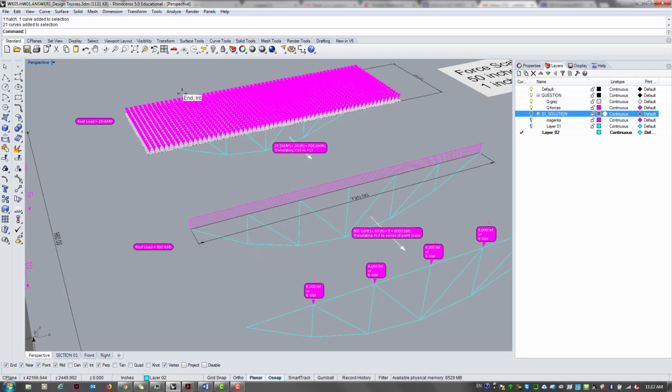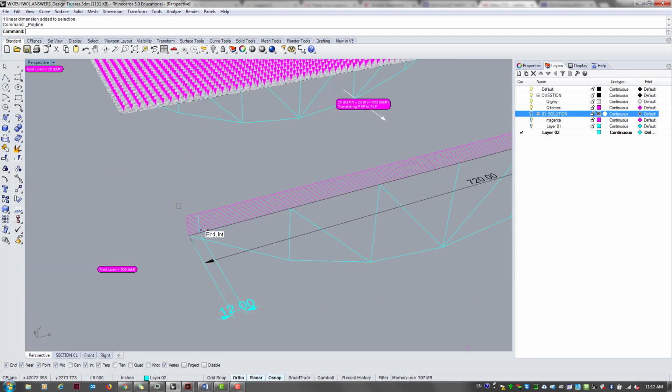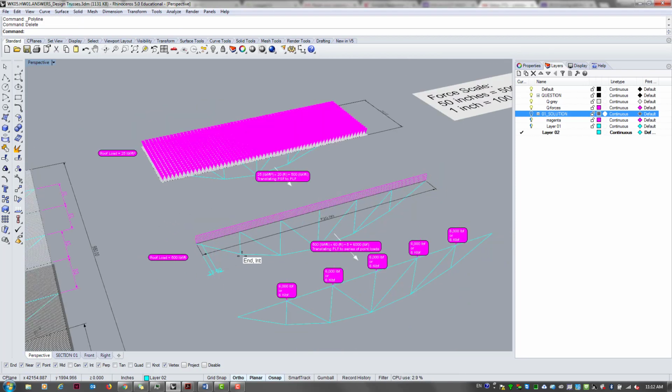So each linear foot, if you take that much, that portion right there weighs 500 pounds. So that's going to go on for the entire span.